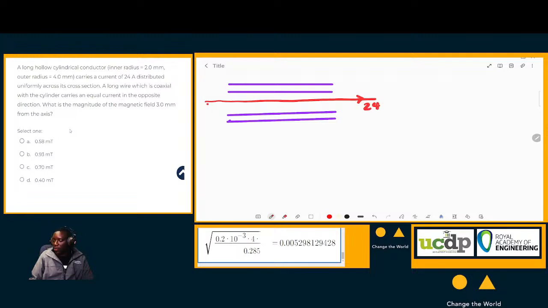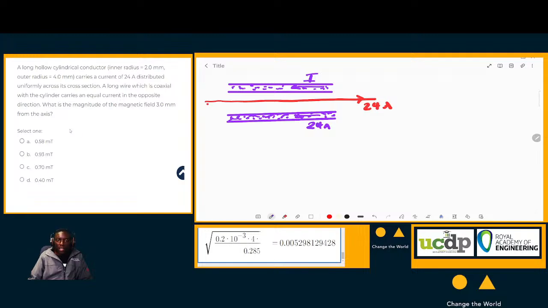So the current is the same in both cases. Then we also have current flowing through that region, which is also 24 amps. That's the region of the hollow cylindrical conductor. So now the magnetic field is due to the current inside the wire and the current inside the hollow cylindrical conductor.